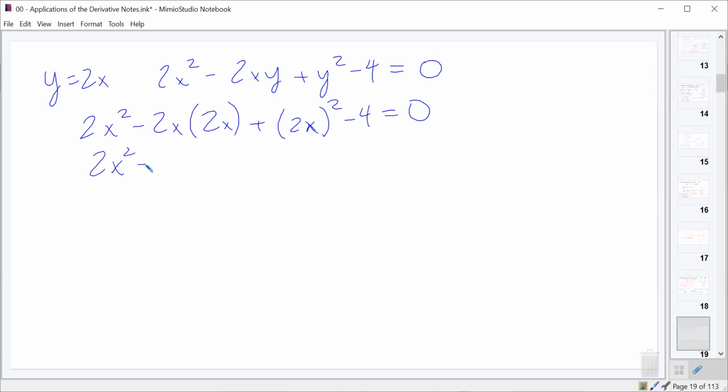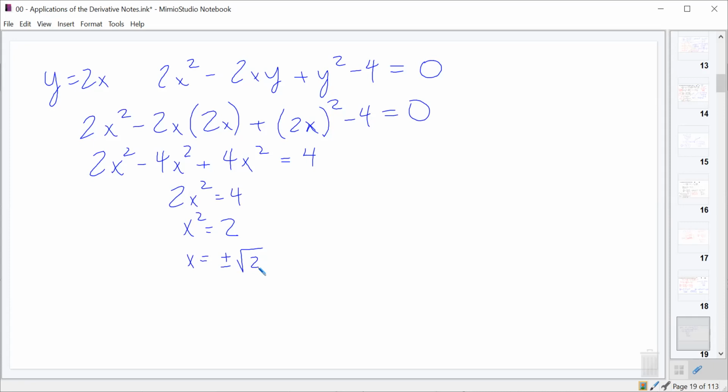We've got 2x squared minus 4x squared plus 4x squared, and we'll just add that 4 over now, equals 4. Or 2x squared equals 4, or x squared equals 2, or x equals plus or minus root 2.